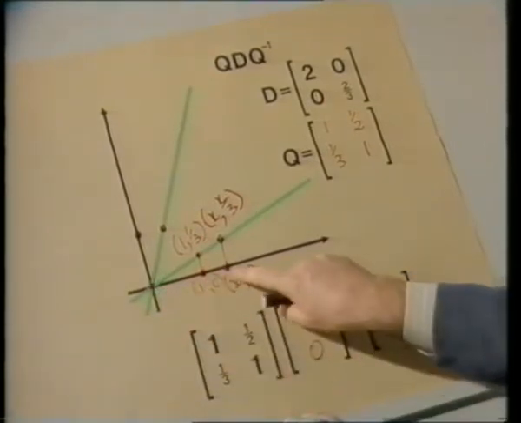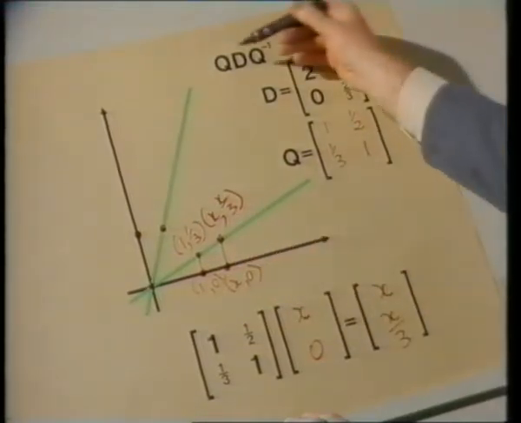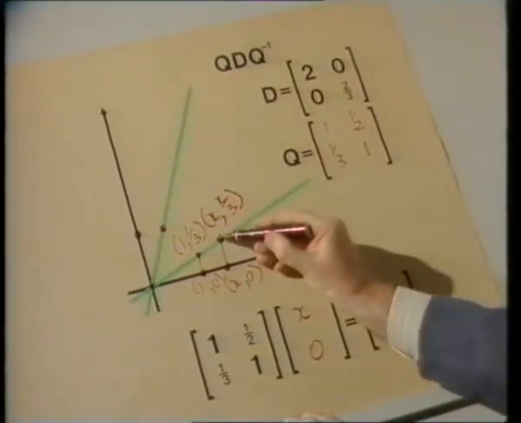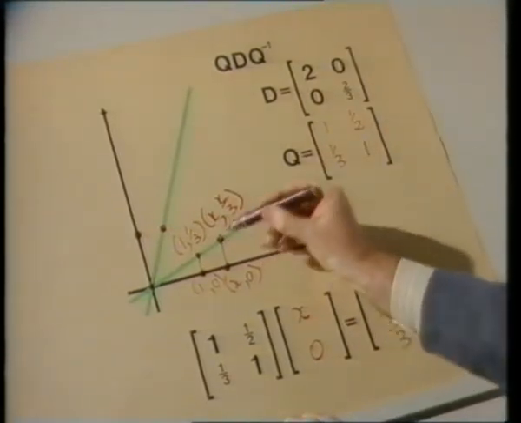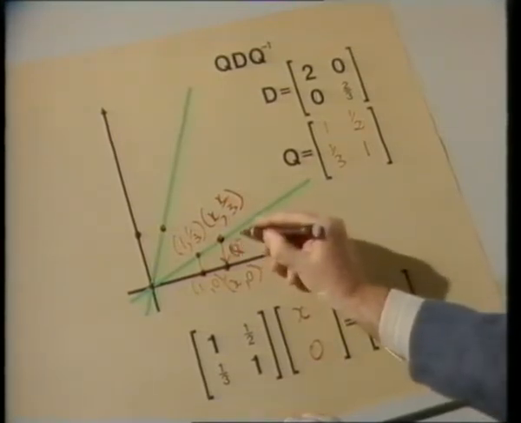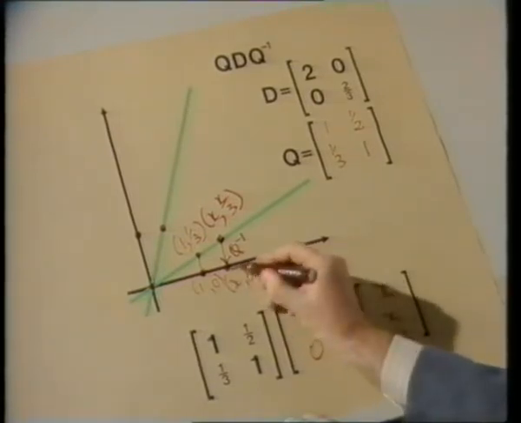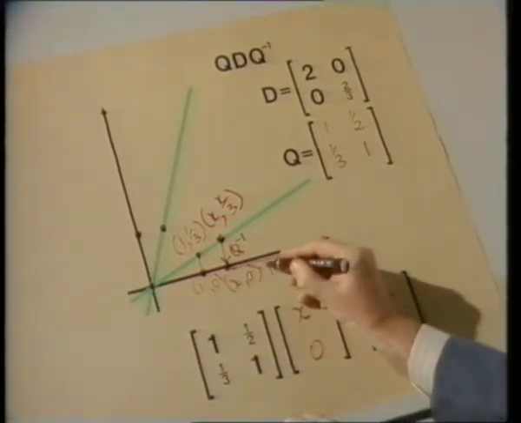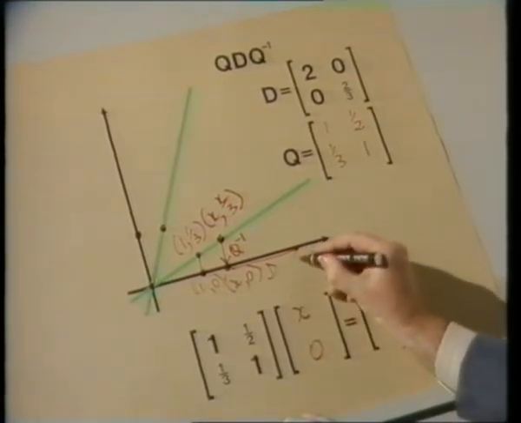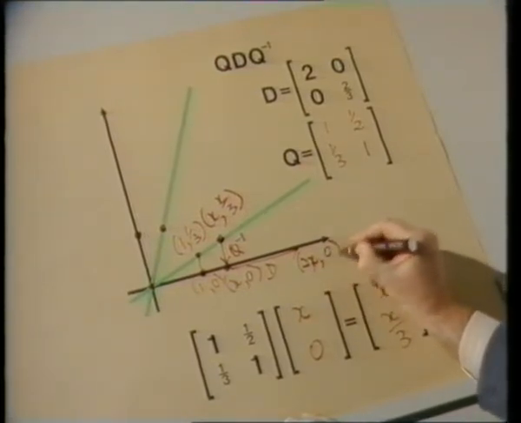But we can get some more information out of that too, because it will tell us precisely how QDQ to the minus 1 acts for any point on the eigenline. Well, first of all, this point gets mapped down here by Q to the minus 1. When we apply the transformation D, all D does is scale along the x-axis by a factor of 2. So we get the point (2x, 0).